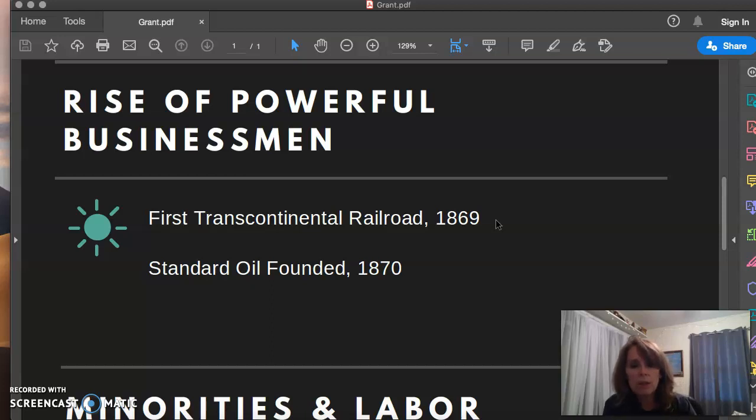That was a huge construction project, uniting the nation, made it possible for people to move out west. People could get the goods that they needed, people could travel. And like I said, it was a very, very symbolic gesture. Businessmen were relied on to make this happen. They had the money, they had the capital, and they had the management skills.